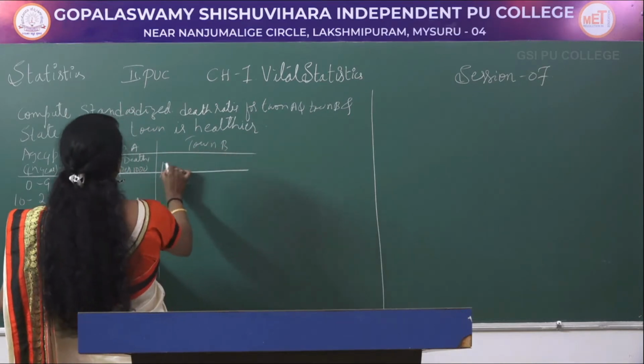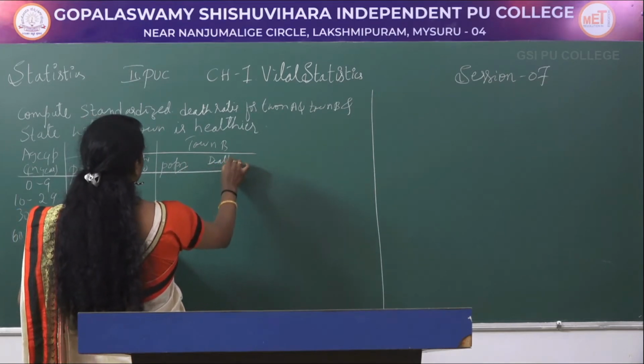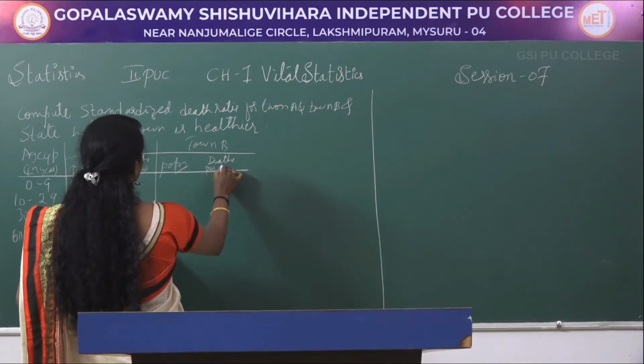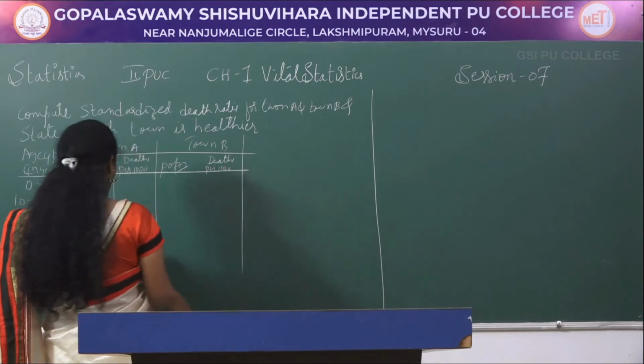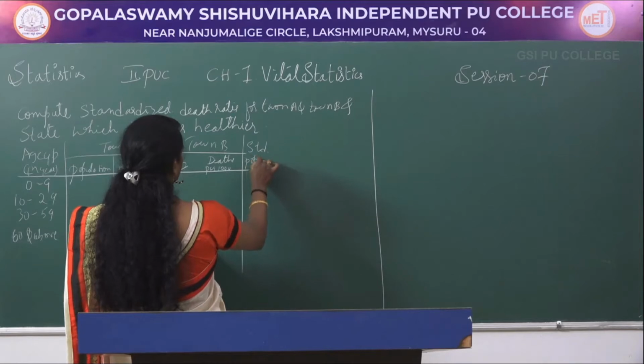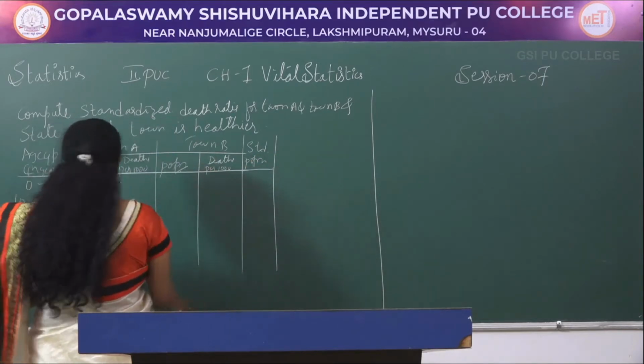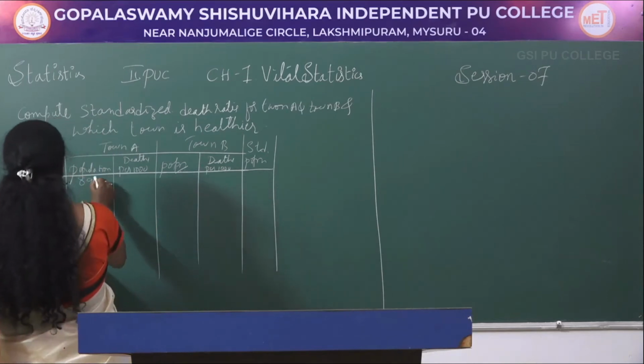Next, town B, it is population, deaths per thousand, and here they have given the standard population. This is standard population. I'll write down the given data first.